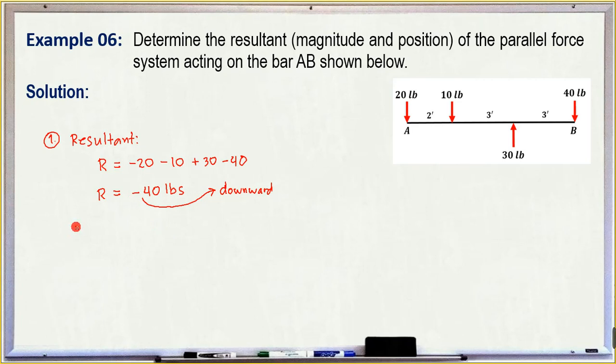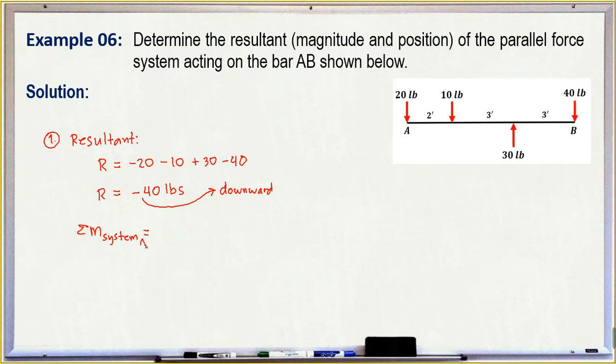Second, we will find the position. So to find the position, class, we are going to use the summation of moments of the system. The moment of the system is equal to the summation of the moments of each of these forces. Now, we assign a point.